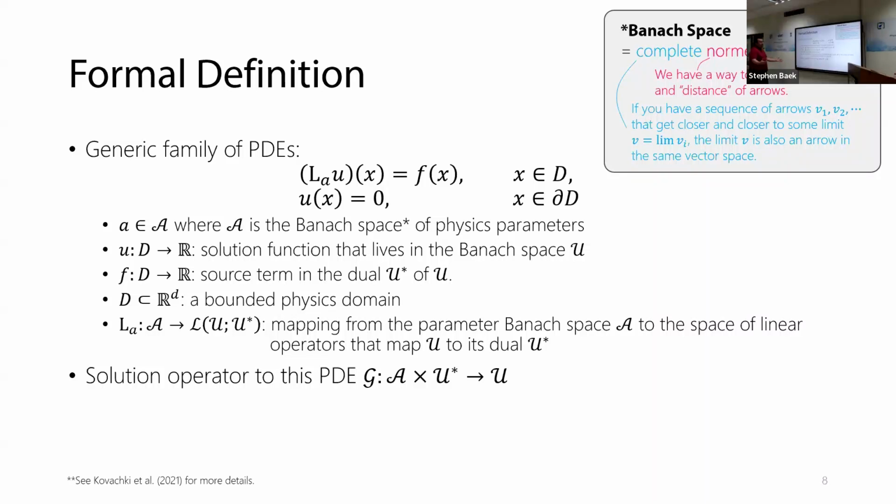So the solution operator to this PDE is obviously a mapping G, okay? A mapping G that sends A cross U star. So A, again, is the parameter Banach space, so that's the space of physical parameters. And then U star, which is the space of F of x.